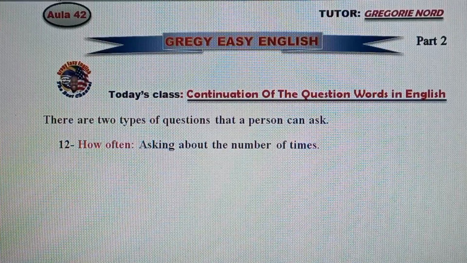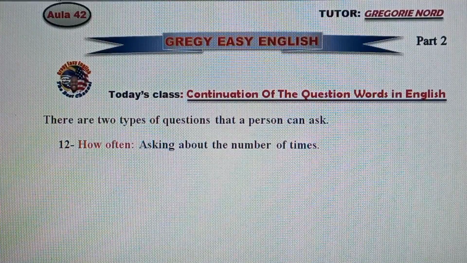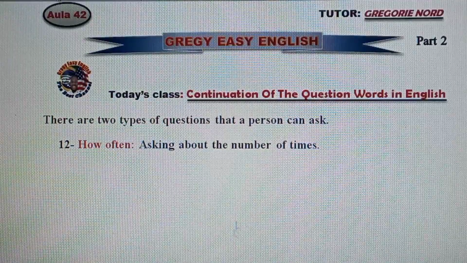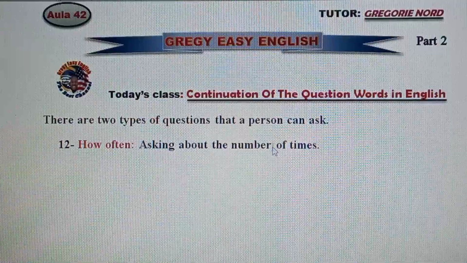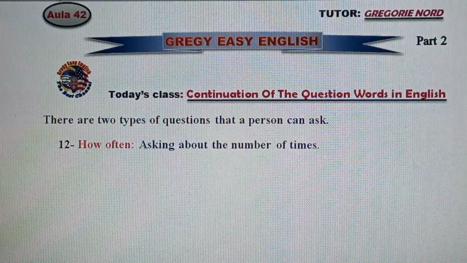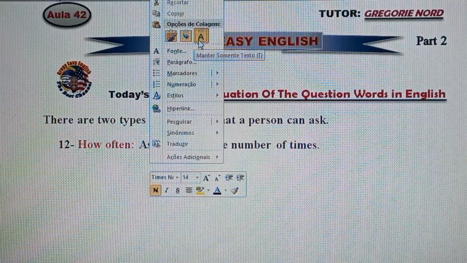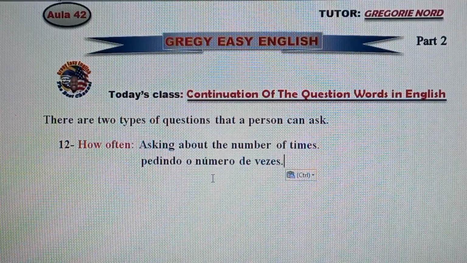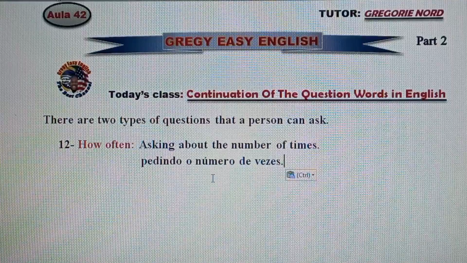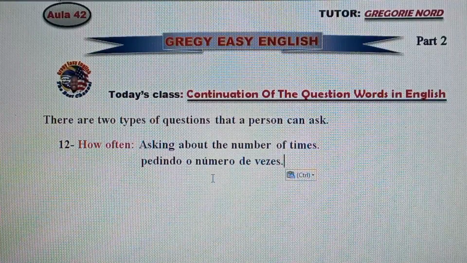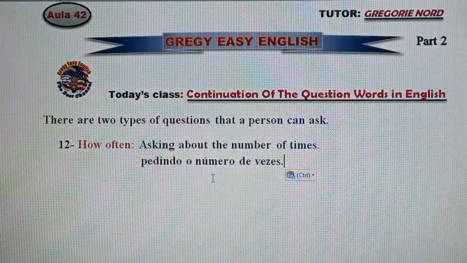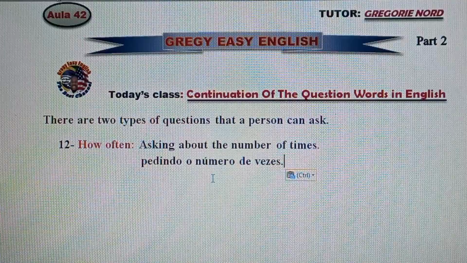Ok, vamos lá, pessoal, vamos ver o que significa how often. Asking about the number of times significa pedindo o número de vezes ou pergunta o número de vezes. Ok? Quando você usa how often, você quer saber o número de vezes.